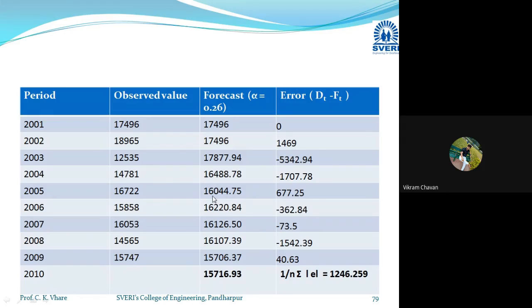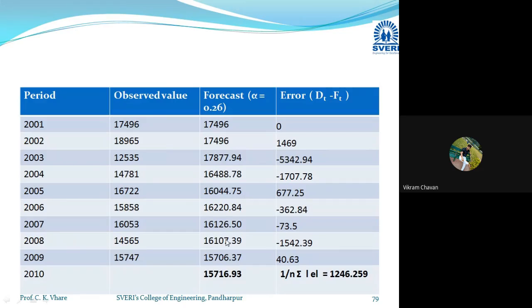Use the formula and find the 2006 forecasted demand. It will become 16,220.84. Once you get the demand, calculate the error, which is minus 362.84.